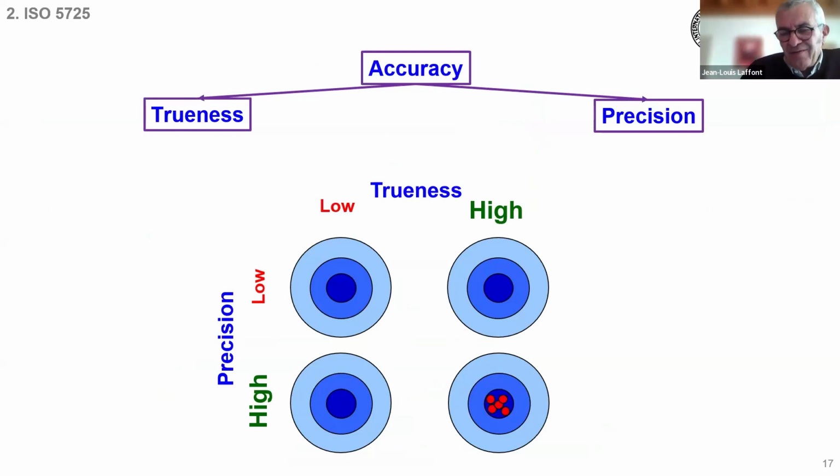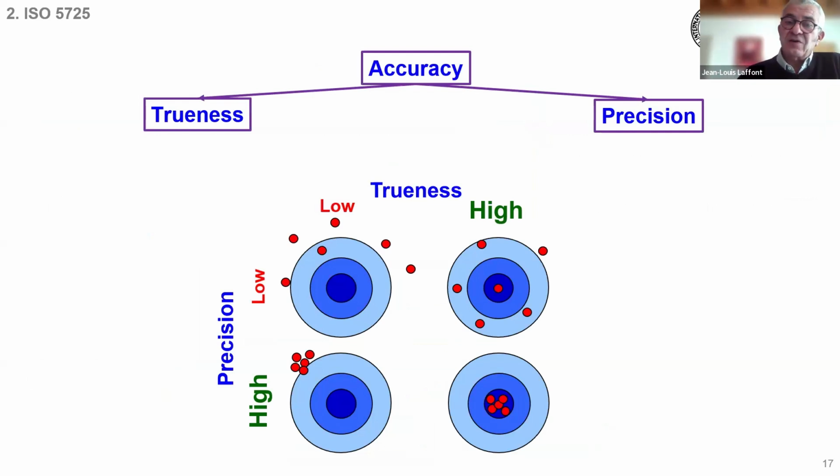Here you have high trueness and high precision. Here, low trueness and low precision. Here, low trueness and high precision. And here you have high trueness, because if you take the average of the points, it is in the middle of the target, but you have a bad precision.